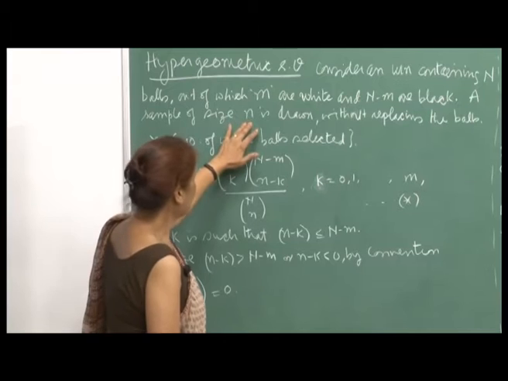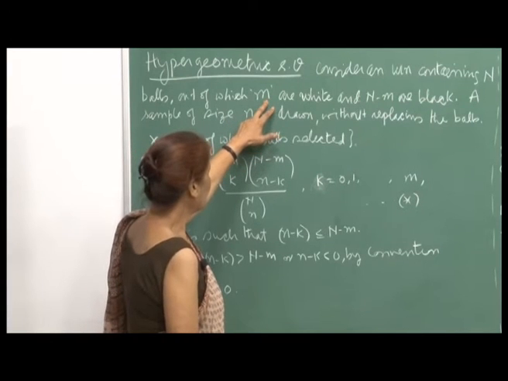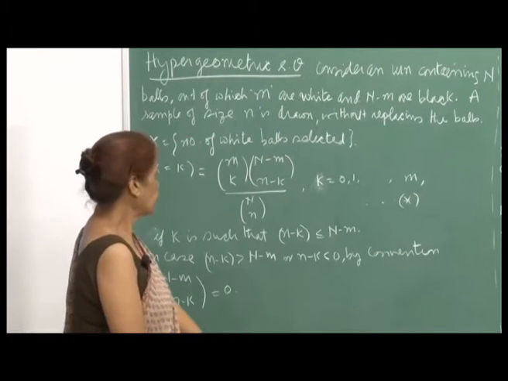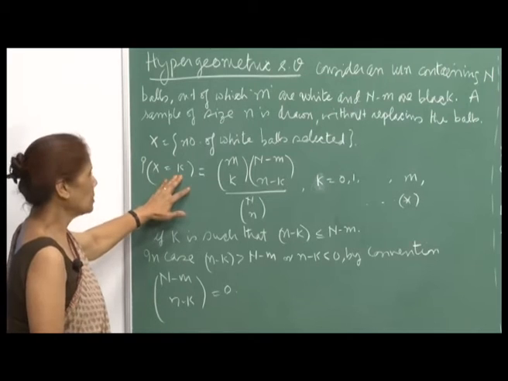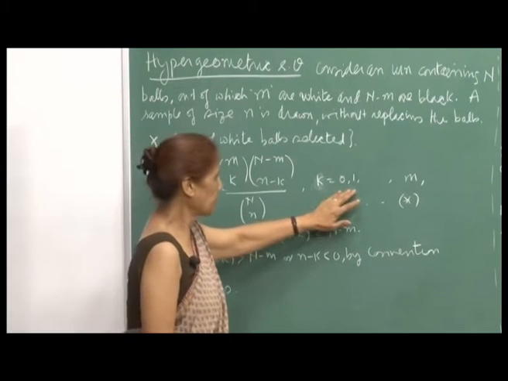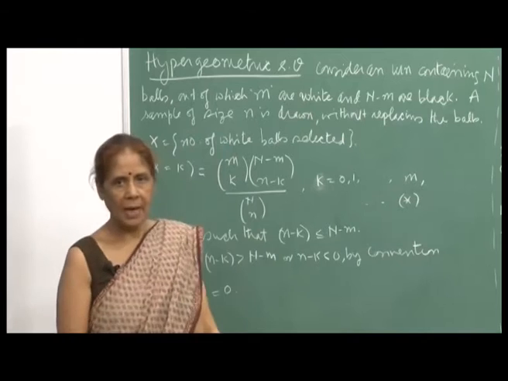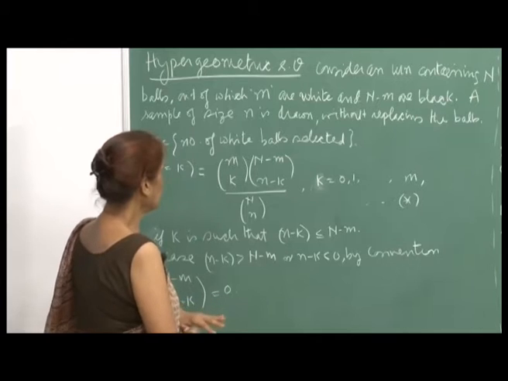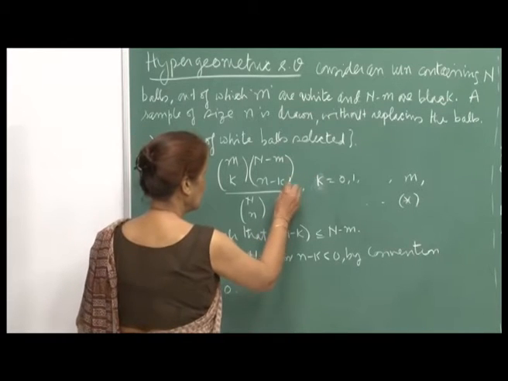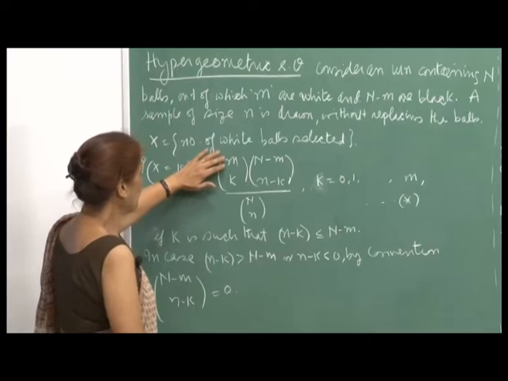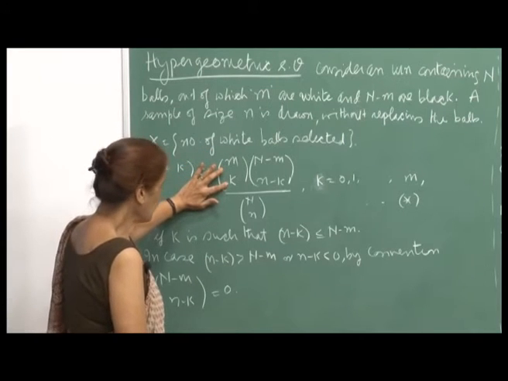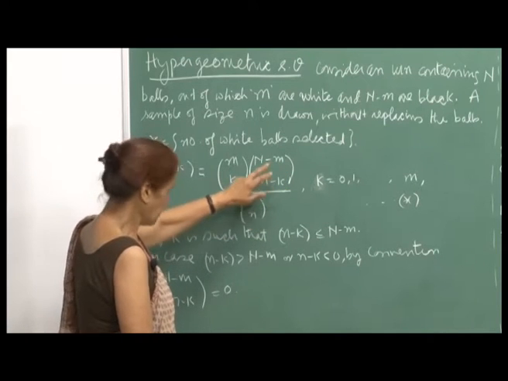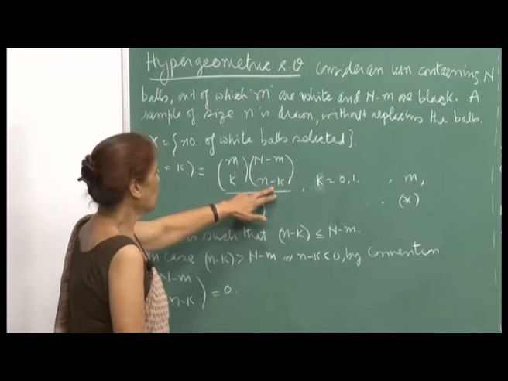So, a sample of size n is drawn, the total number of white balls is m, and now we look at the probability of the number of white balls being equal to k. So, k can obviously vary from 0, 1 to m, because there are m white balls. The probability would be, now here we are using counting procedures. Out of m white balls you want to select k, and out of the remaining capital N minus m balls you select n minus k black balls.